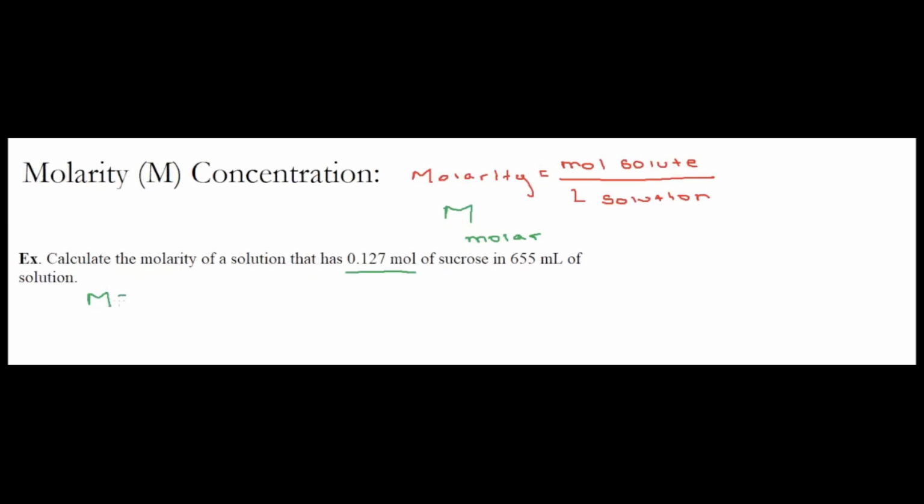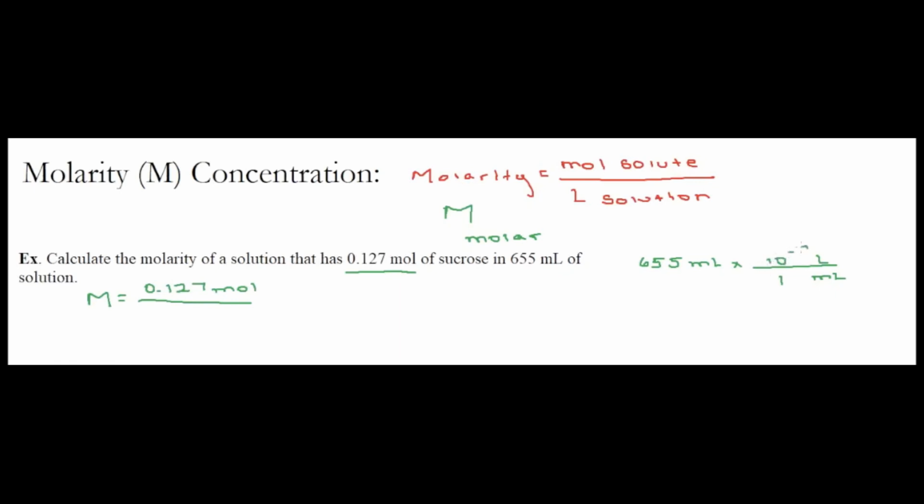So my molarity equals my moles, 0.127 moles, divided by, well, I need to be in liters of solution. So I'm going to take the 655 milliliters, and I'm going to convert that into liters. If you can do that in your head, awesome. If you can't, that's fine.